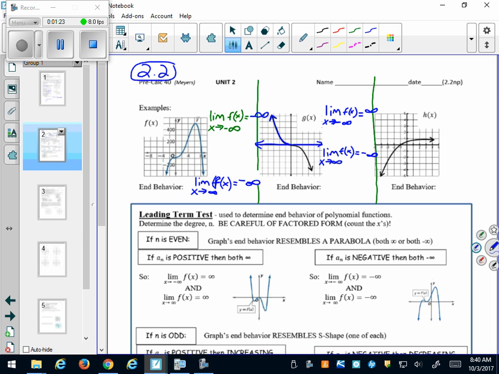Okay, so this last one, end behavior, right? The limit as x approaches negative infinity, so that's to the left. Where is that going? End behavior, negative infinity.